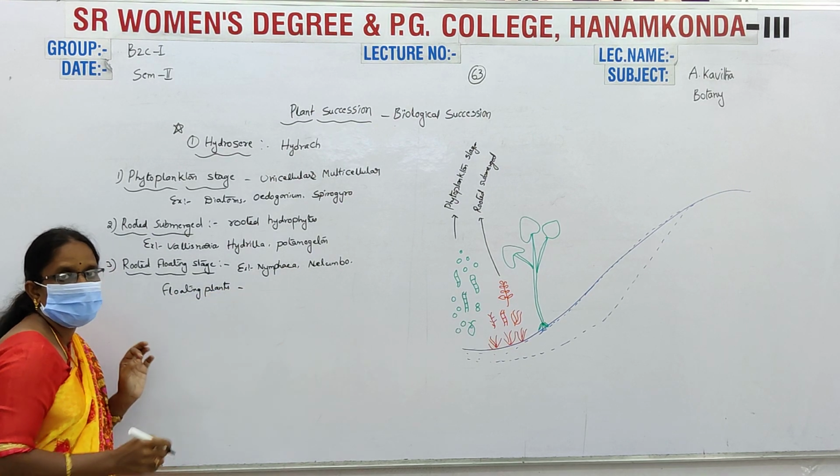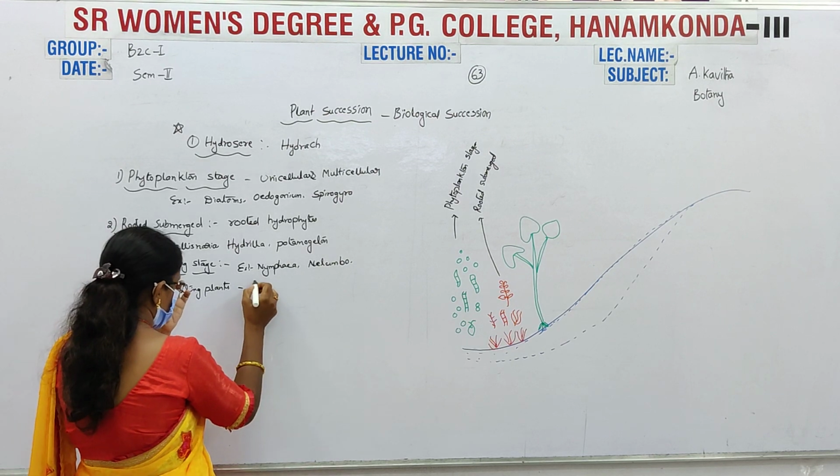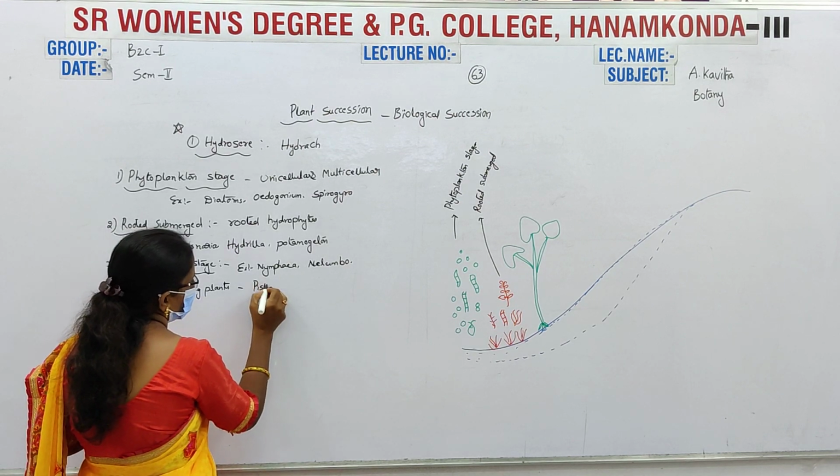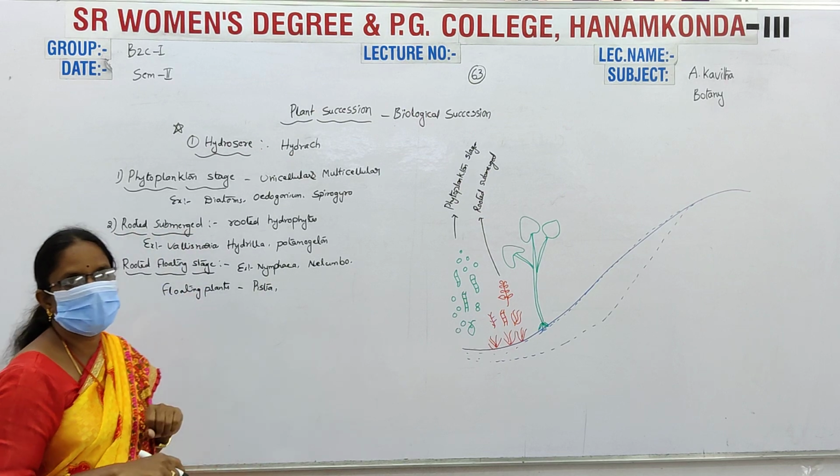Floating on water. For example, Pistia, Eichhornia, Lemna, Wolffia, Azolla.